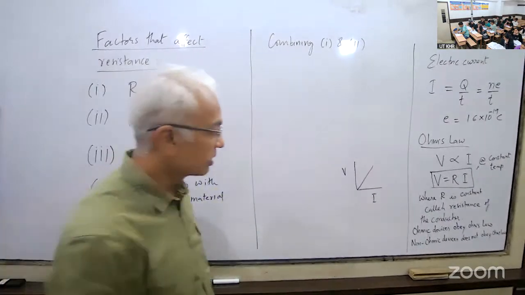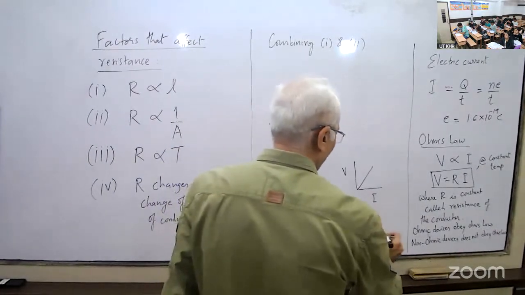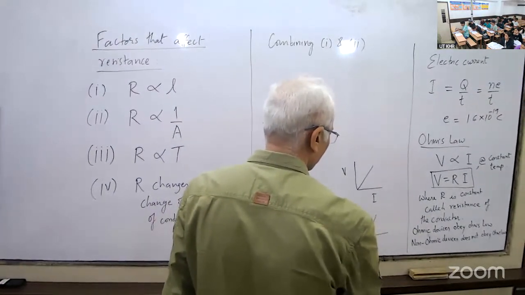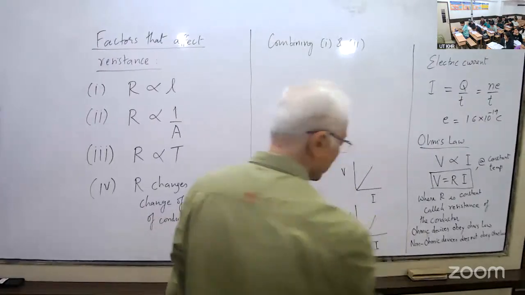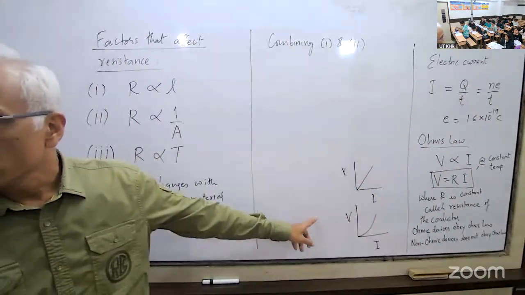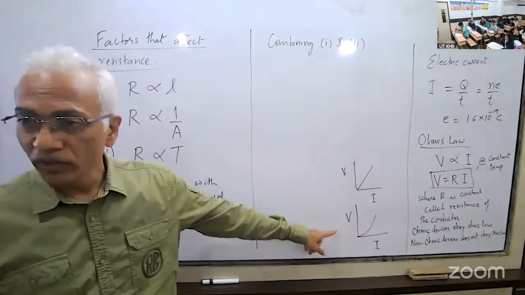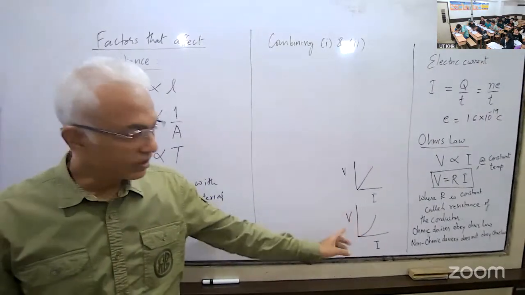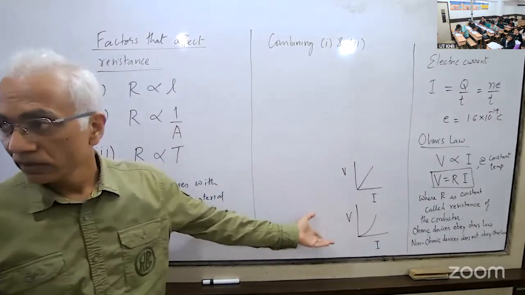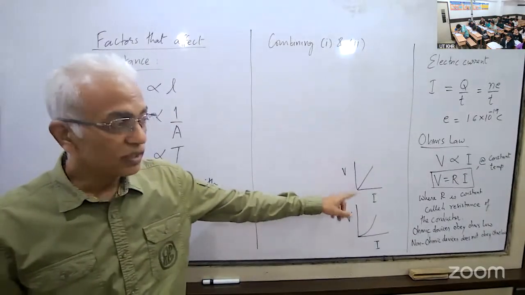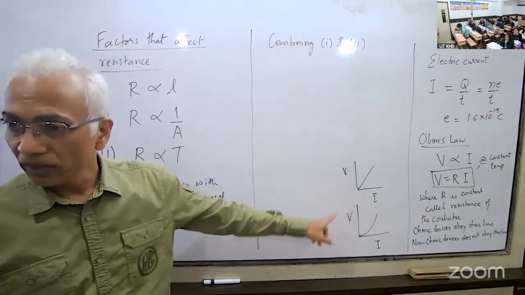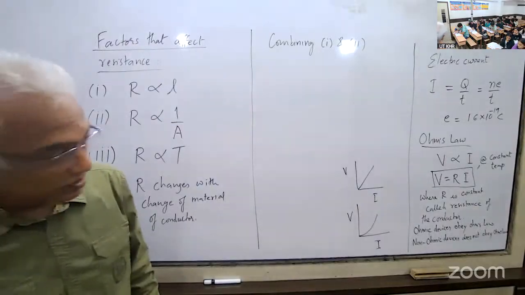For a non-ohmic device, it can be anything but a straight line. Okay, so the second graph is the graph for a non-ohmic device. It could be anything. The curve could be in any direction. As long as it is a straight line, it is an ohmic device. Is that clear? So this is what it is.